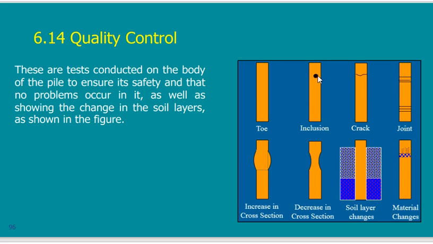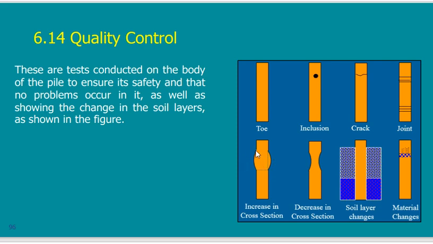During construction, something fell. Maybe somebody dropped something in the pile. It's a problem because it will affect the pile. So if there is something inside, if there is a crack, if there are joints, suppose that they are constructing a pile and then suddenly something happened, everyone left the site and then they came again and continued. There will be a separation between what was constructed many hours ago.